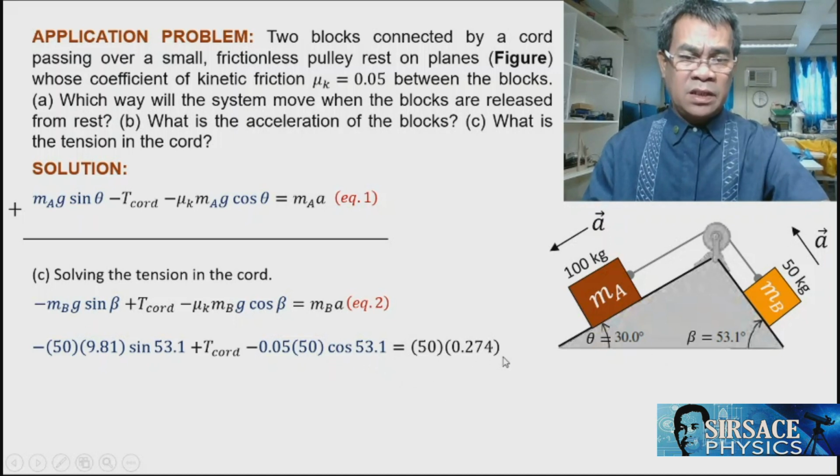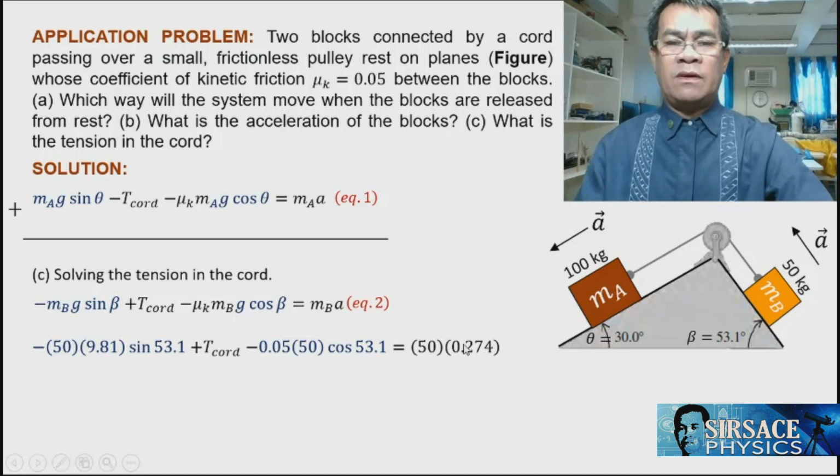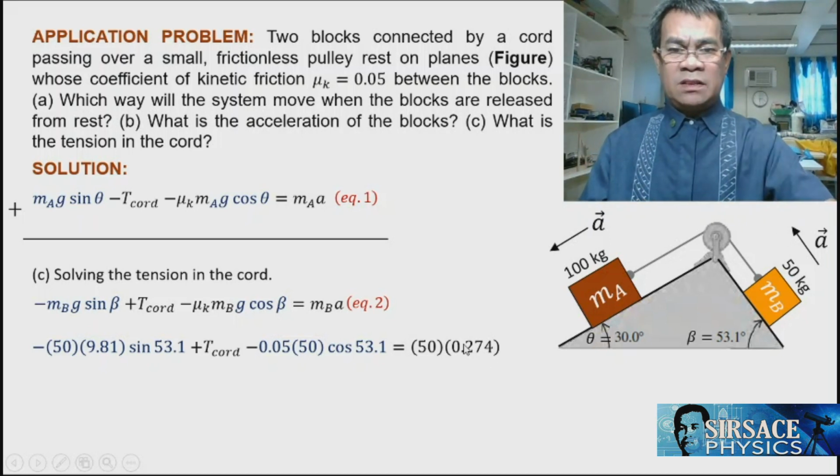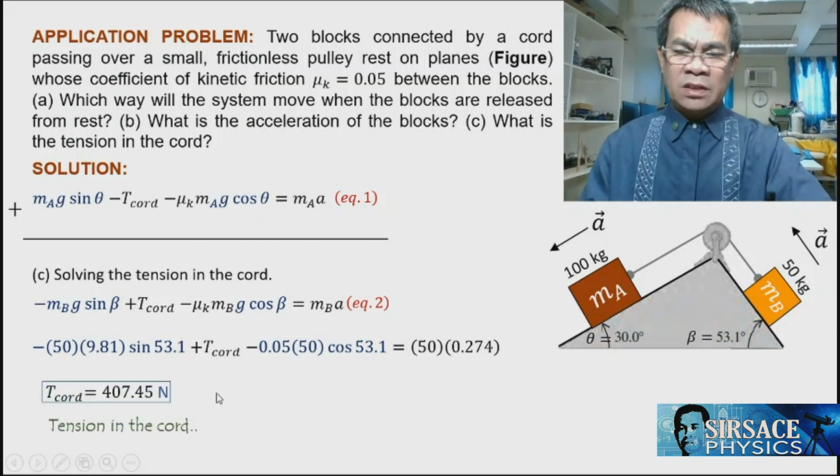The acceleration is 0.274, which we calculated before. So the only unknown is T cord. Calculating, the answer is T cord equals 407.45 newtons. This is the tension in the cord.